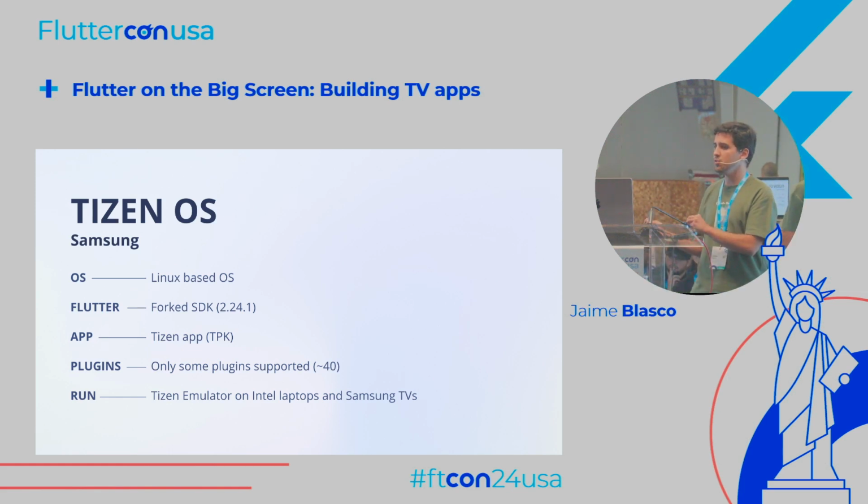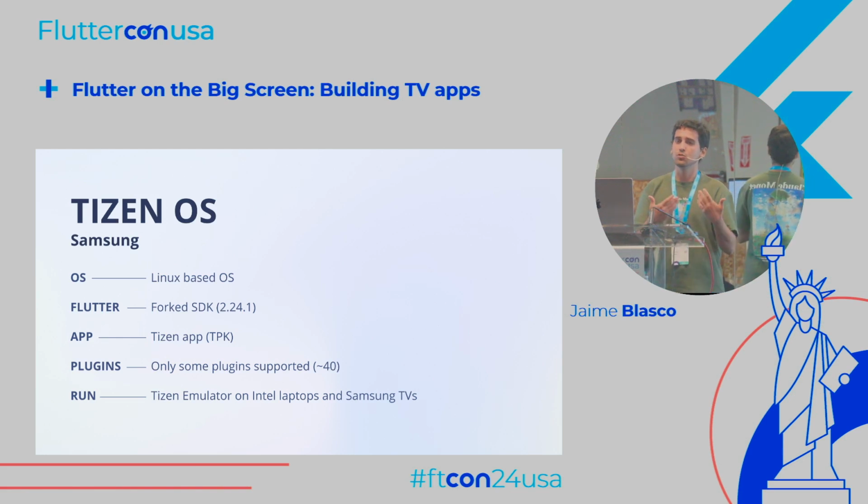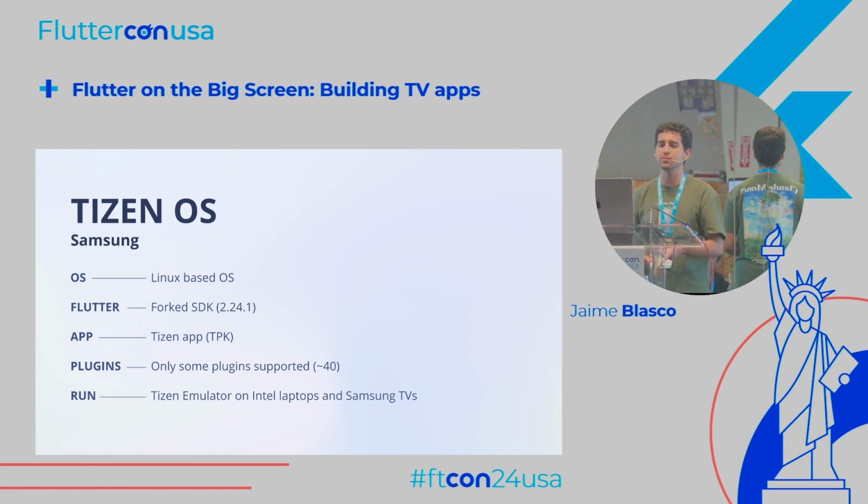They offer a variety of plugins, I think more than 40. And I would say most of the plugins that the Flutter team supports officially, they have a version that works for Tizen. They also support other plugins that are not official by Flutter, like Firebase Core, and things like that.